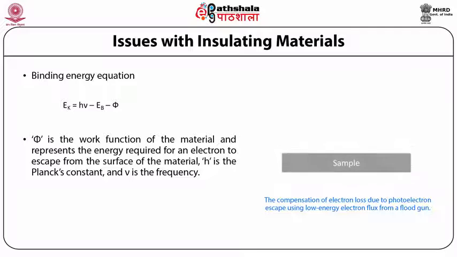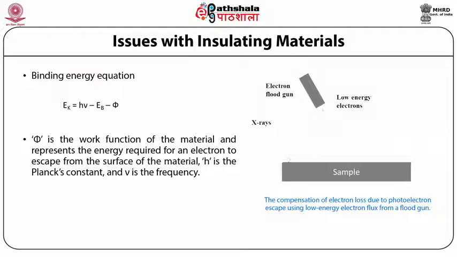When performing XPS on insulating materials, the surface charge issue is more prominent with monochromatic compared with non-monochromatic X-ray radiation, because the non-monochromatic X-rays illuminate the window of the X-ray gun as well as other surfaces inside the vacuum chamber, producing sufficient secondary electron flux to neutralize the positively charged surface of the material.